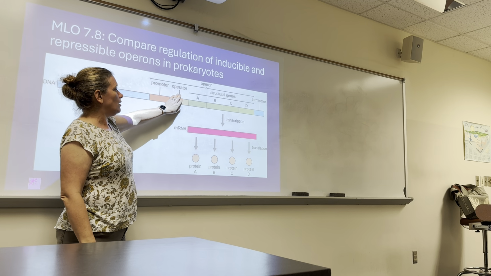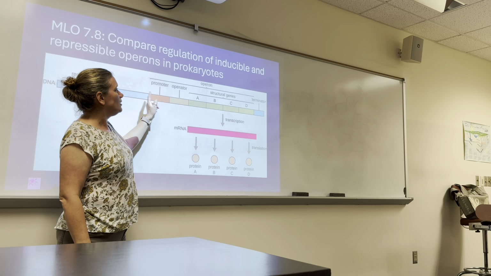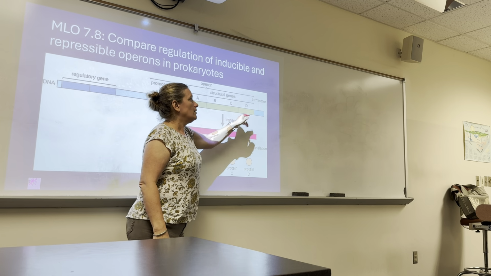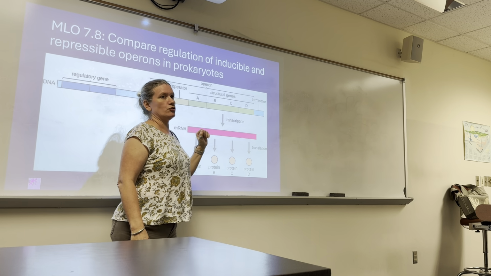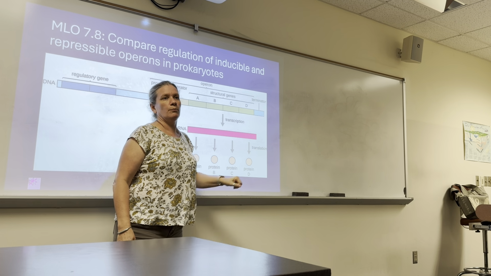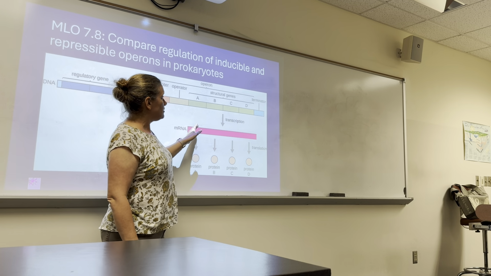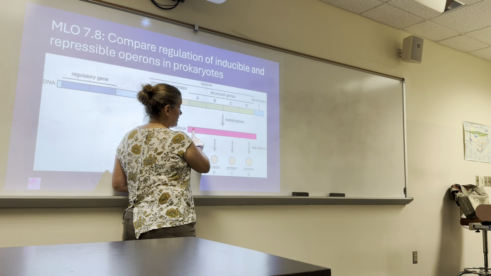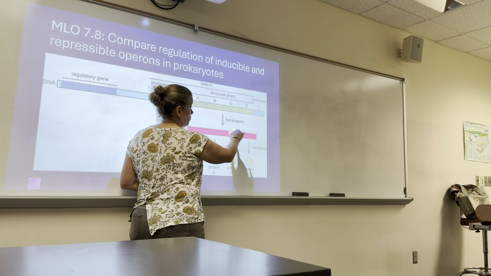If the regulatory protein is not bound, then when the RNA polymerase recognizes the promoter, we get the full messenger RNA transcript, which can then be translated into the 4 proteins. Each of these genes will have, on the messenger RNA, a ribosomal binding site for each of the 4 different genes.